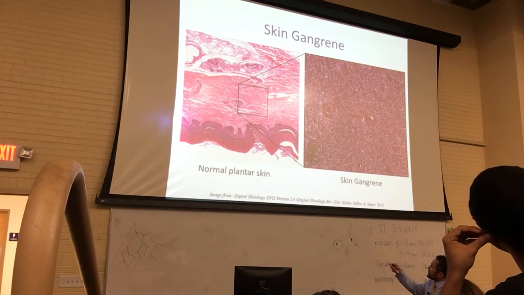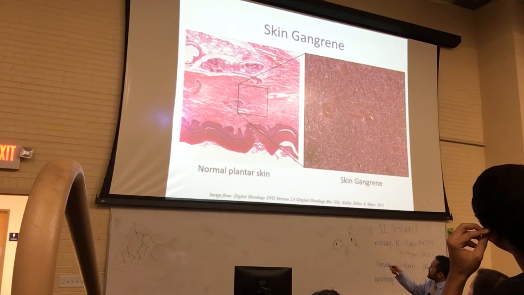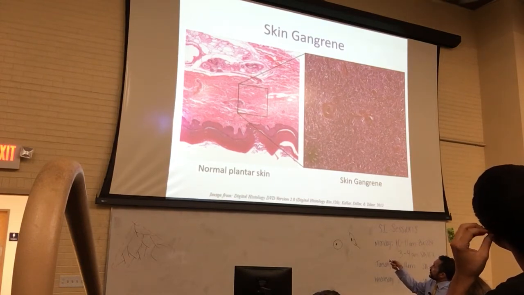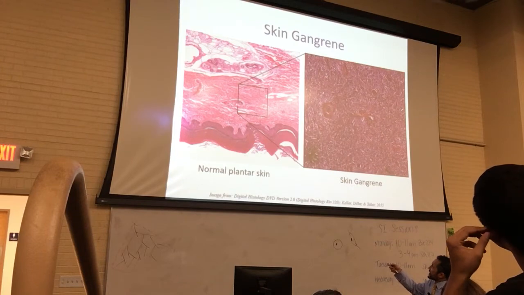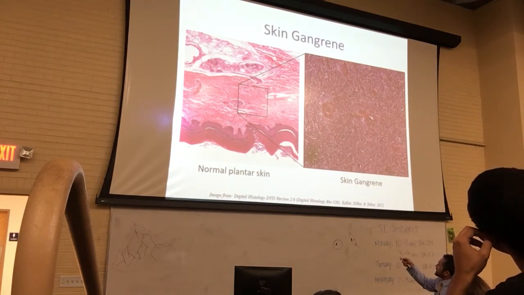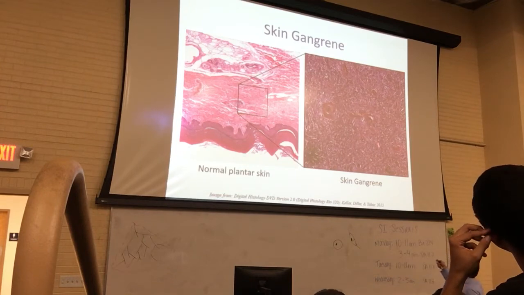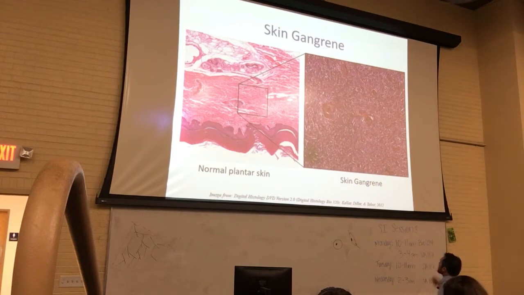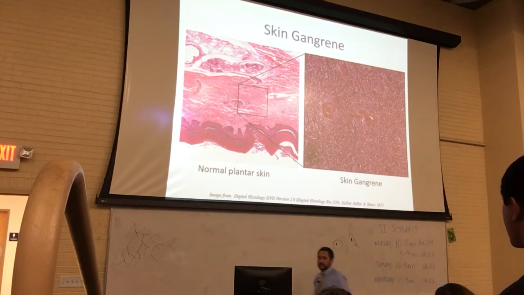Okay? So if you were to look at this dermal tissue, you would say, okay, that looks nice and healthy. It's nice and pink. There's some white open spaces. We've got a gland right here, right? We have vascular supply. And if you look at a similar area, but in a gangrenous piece of skin, you see complete disorganization of the skin dermis.